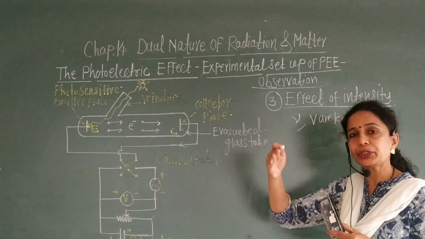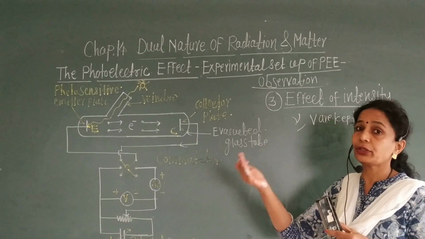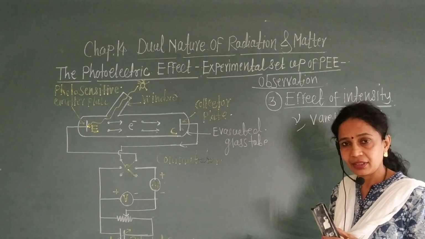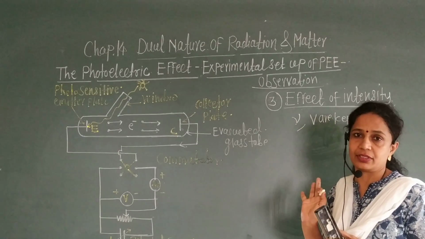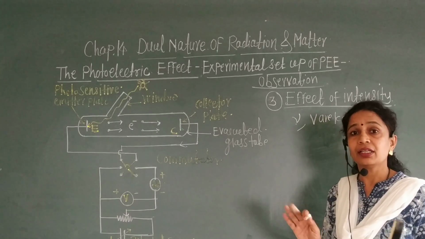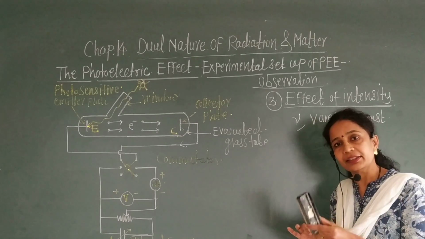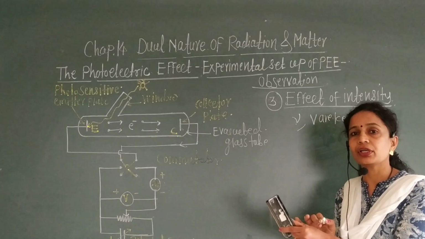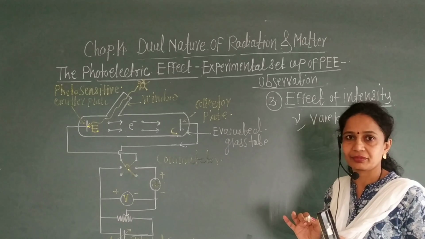As the intensity of incident radiation is increased, photoelectrons are emitted and photoelectric current flows through the circuit. In that case, you can say that the intensity of incident radiation is directly proportional to the photoelectric current.